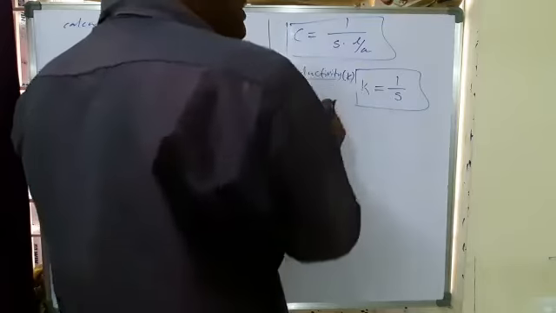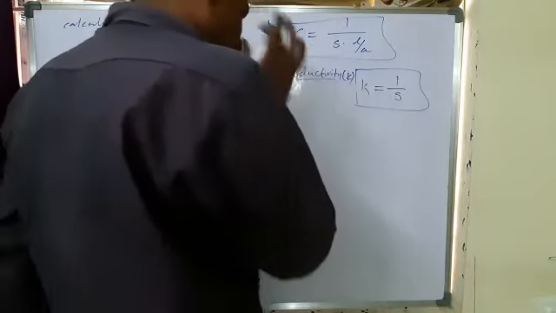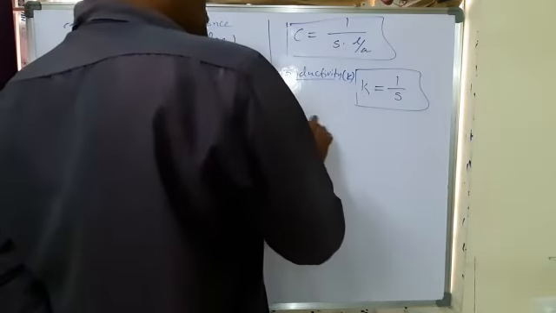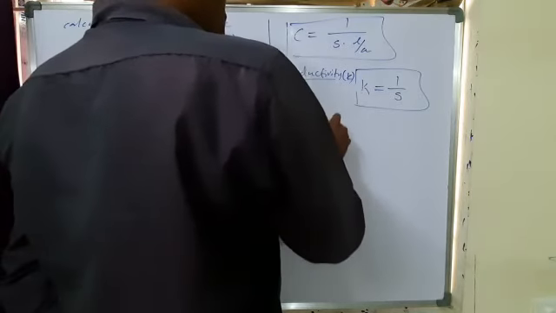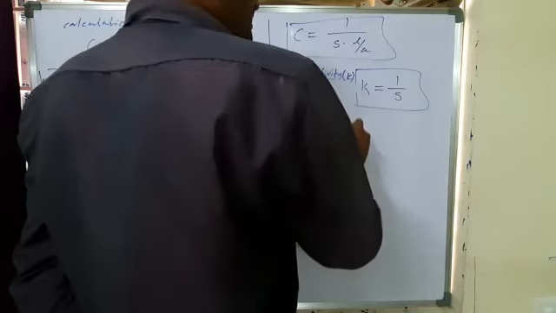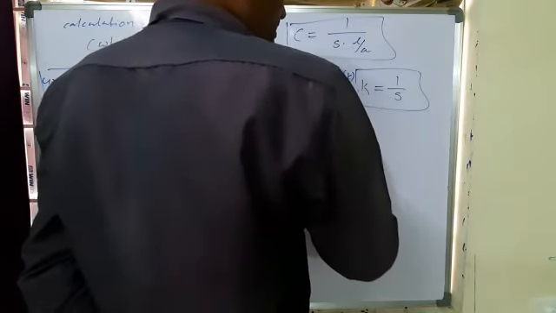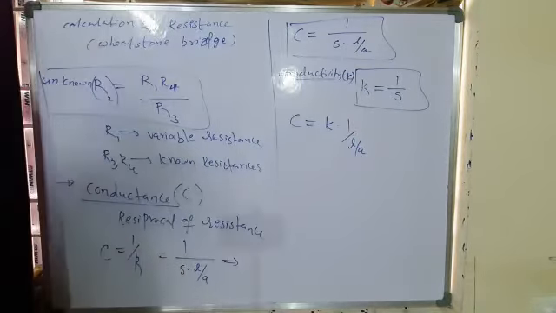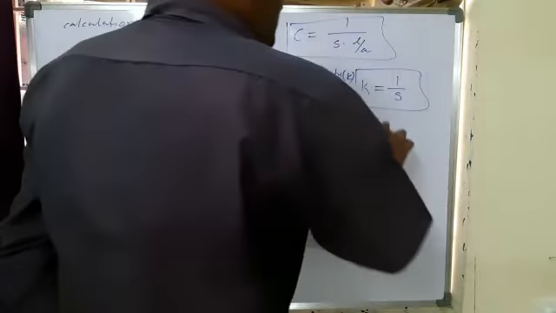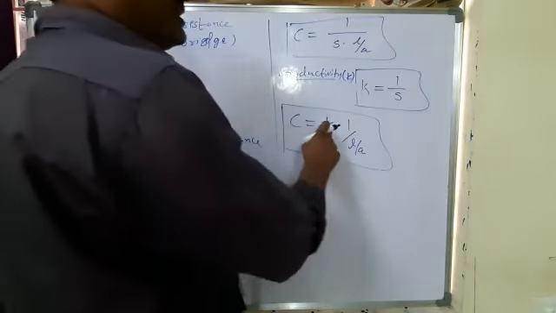So K equals 1 by S, and substituting in the above equation, C equals K into 1 by L by A. This is the relation between conductance and conductivity.